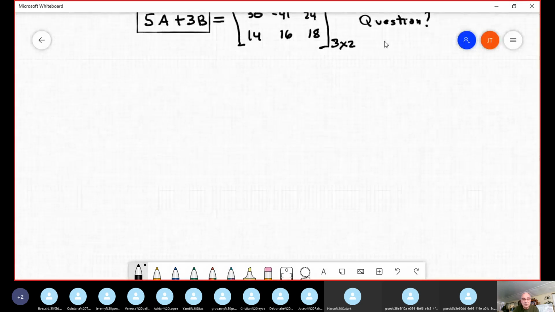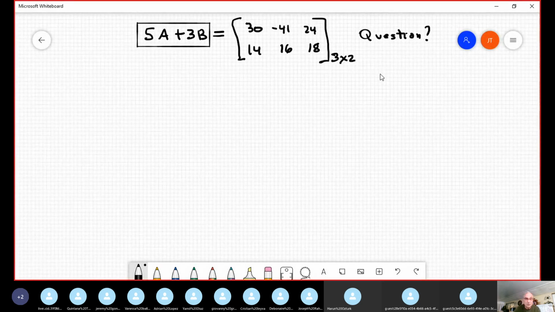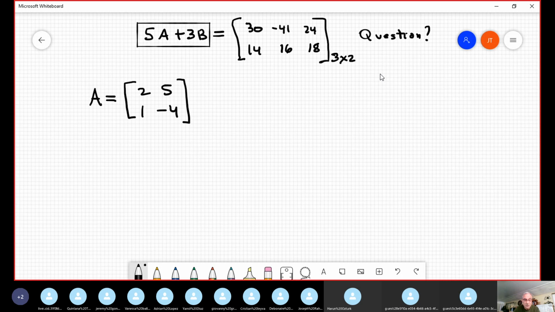Okay, suppose an application of this. Suppose A is 2, 5, 1, negative 4. This is given. The matrix B is also given: 6, negative 1, negative 1, negative 3, and negative 8.